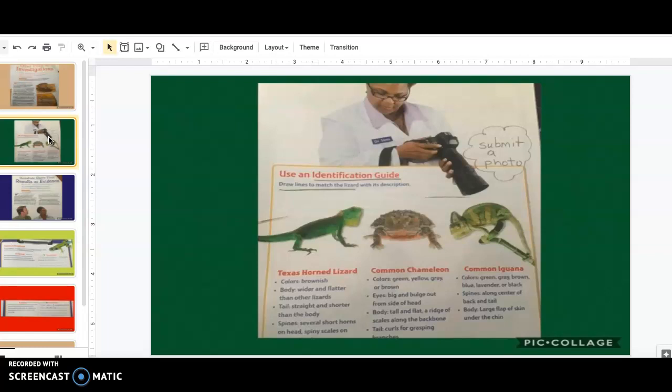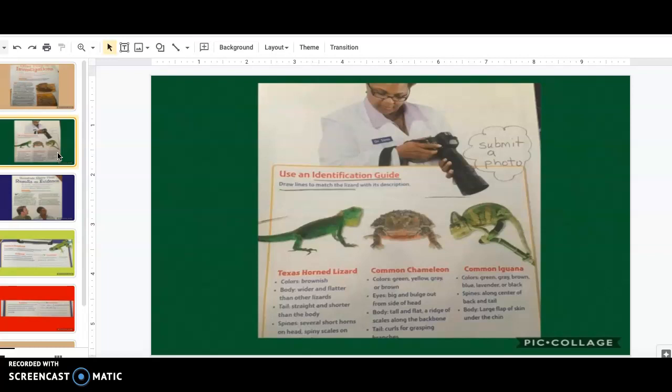Underneath, you can see one of them is a Texas horned lizard, one is a common chameleon, and one is a common iguana. But what you need to do is look at all the details listed under each title of each animal. And then once you figured out which animal is which, draw lines from the name to the animal, okay? And when you're finished, you can submit that photo to me.